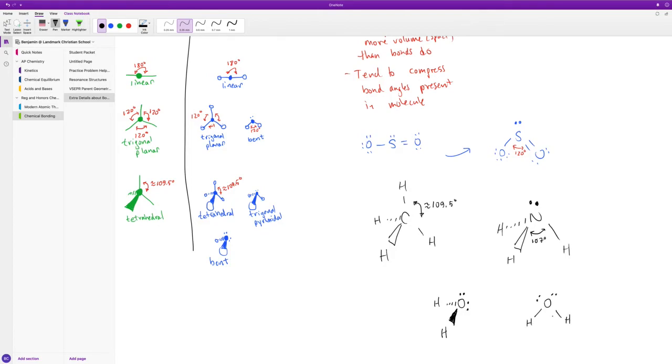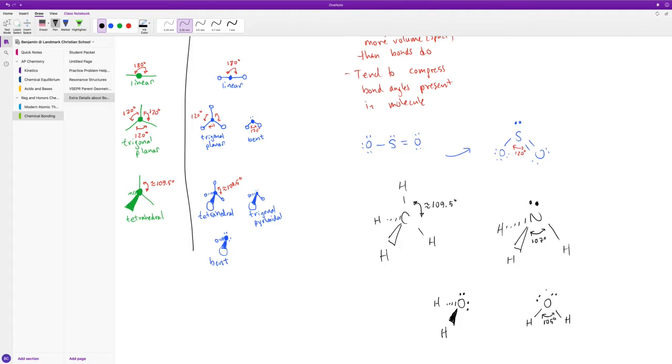Via VSEPR, we would expect that bond angle to be about 109.5, and I believe it's closer to 105 degrees. Okay, so the parent geometry, 109.5, with one lone pair it gets compressed down to 107 degrees, and with two lone pairs it gets compressed down to 105 degrees. Okay, so with an extra lone pair, we get a bit more compression on that bond angle.